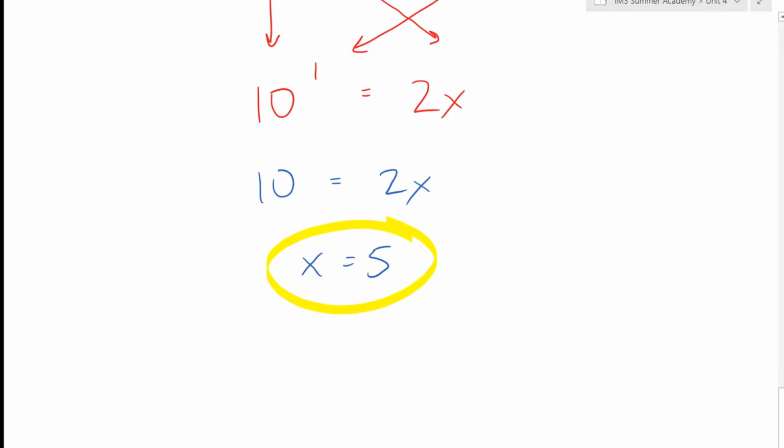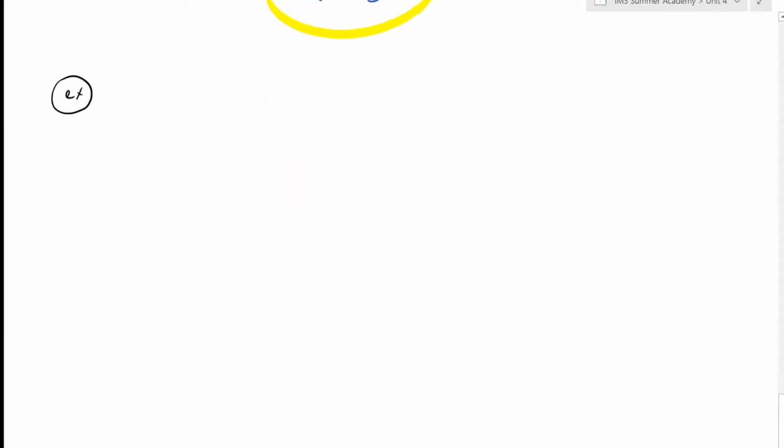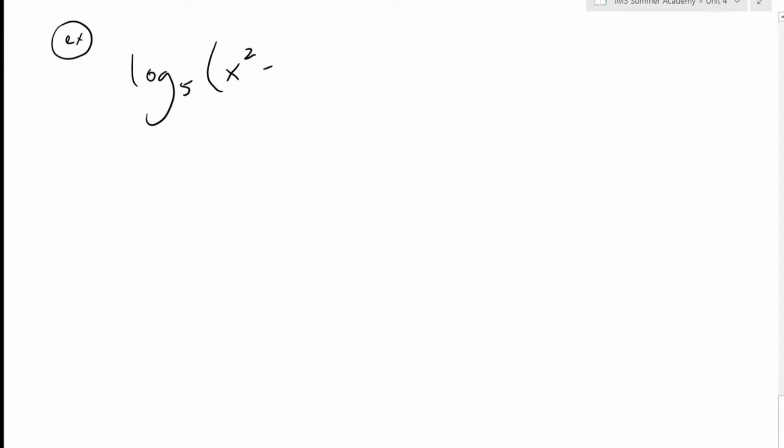So sometimes we're able to cancel everything out. Other times we need to use down and diagonal. And we can tell by looking at the original problem which method we're going to have to use. So again, log base 5 of x squared minus 10 minus log base 5 of 3 equals 1.